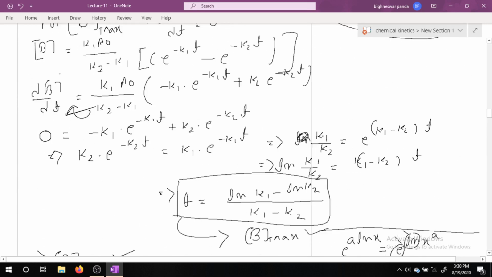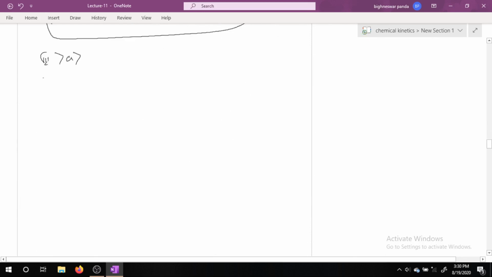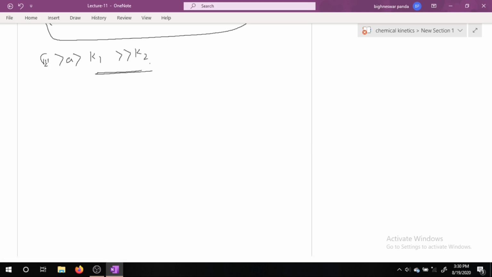K1 is very great in equation 2. If k1 is very much greater than k2, then k1t is also greater than k2t, and minus k1t is less than minus k2t.